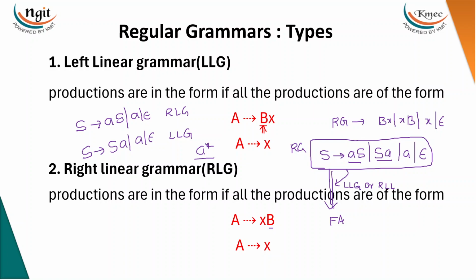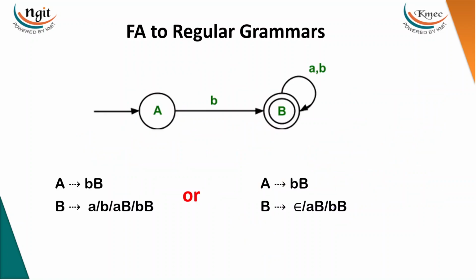How you can do that conversion, we'll discuss. How to convert a finite automata to regular grammar: see guys, the finite automata is generally denoted with the 5 tuples Q, sigma, transition, Q naught and F, where Q is a set of states. And the grammar, if you are converting into grammar, is represented with non-terminals, terminals, productions and the starting symbol.